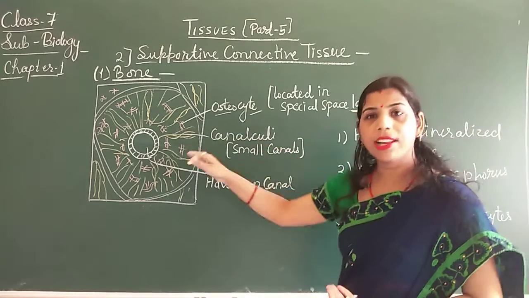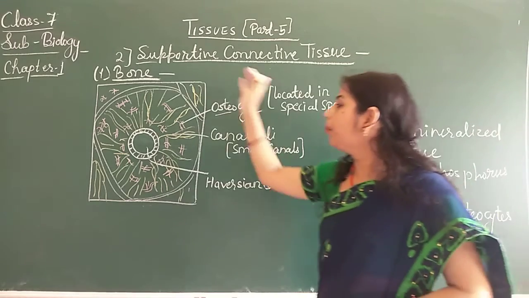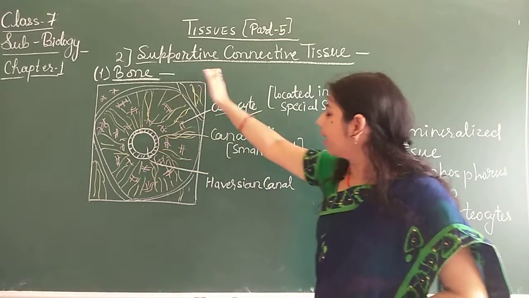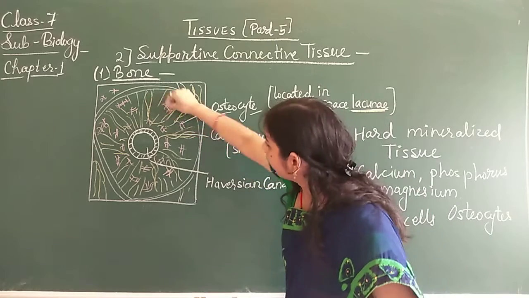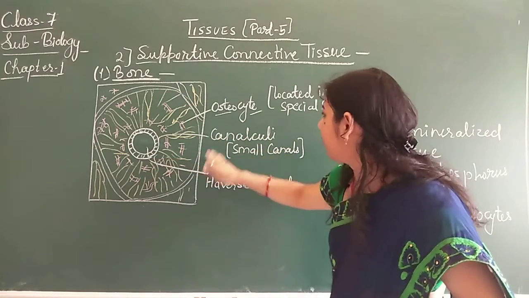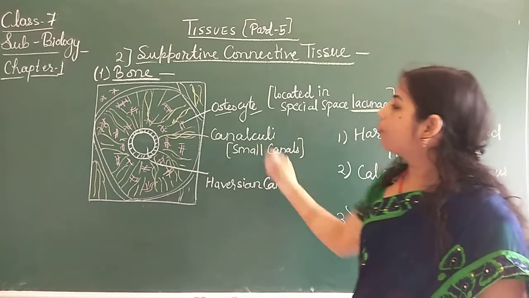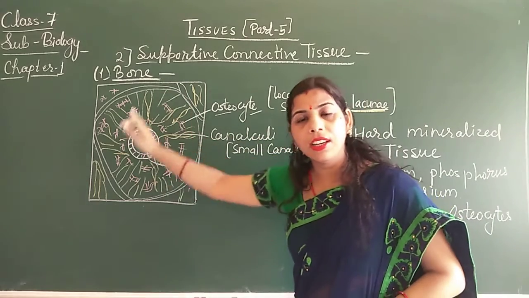Now there are a number of small canals forming concentric rings, and these are known as the canaliculi.